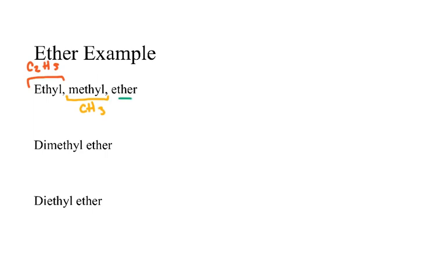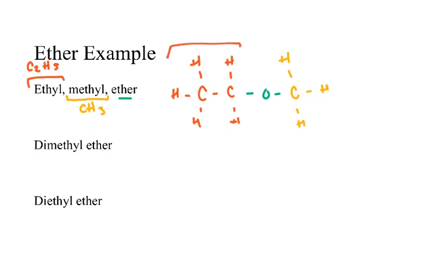So what this is telling you is that one ethyl, so C2H5, is connected to a methyl by an oxygen in the middle. Okay, so we have our ethyl group here, our methyl group here, and our ether in the middle.